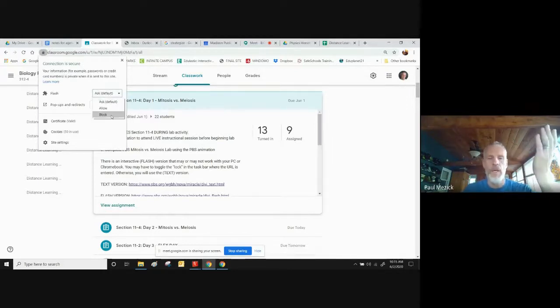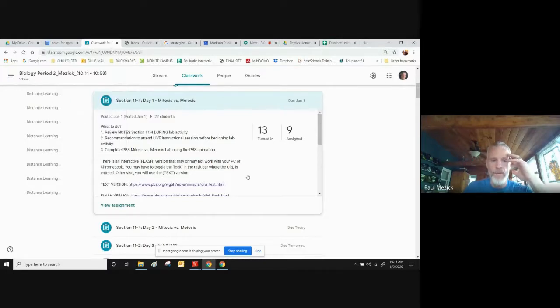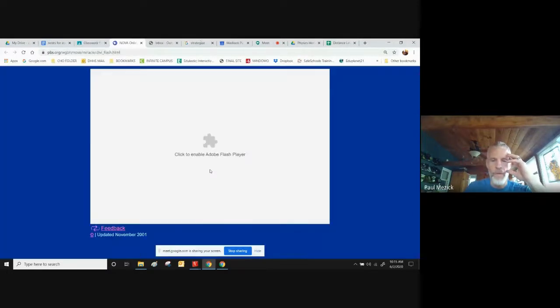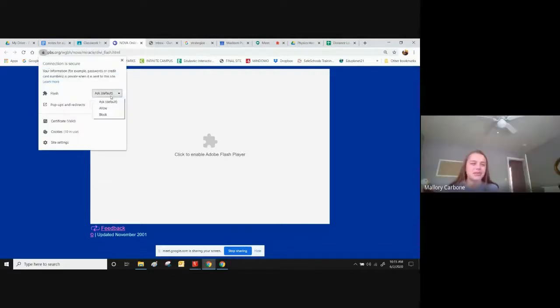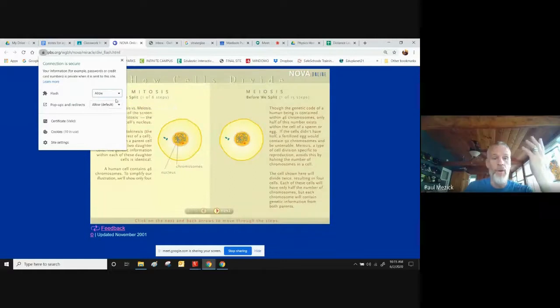And so the students can't use the Flash and they don't know to change that setting, or they may not even have privileges. I'm not even sure. So I had to make sure I had both versions. But the fact that you used the Flash version, that's definitely a benefit. Mine didn't do that, so I guess it was already unlocked. Yeah, well, it would say ask by default, and that's what it would do. It would have locked it like that.